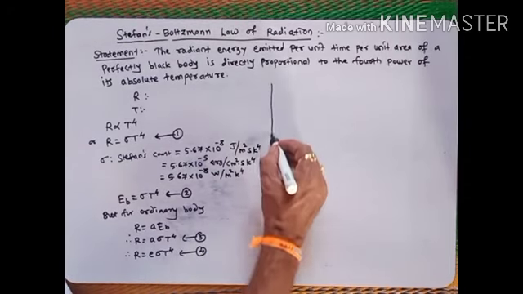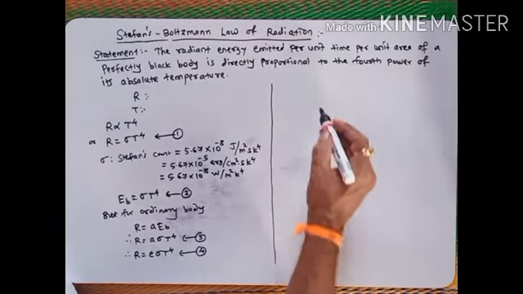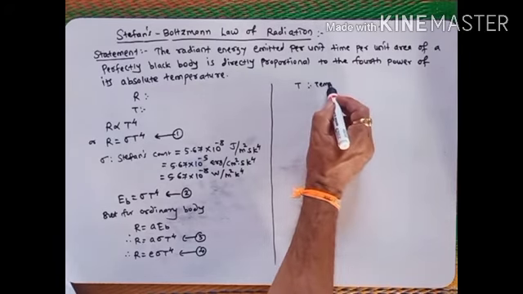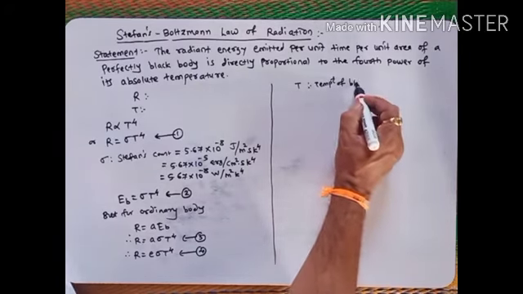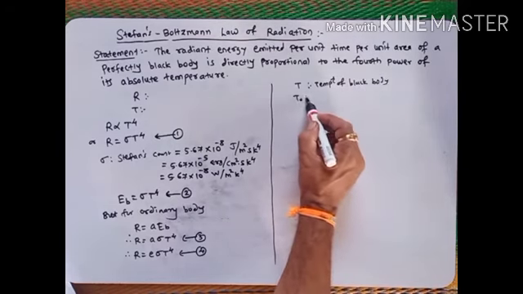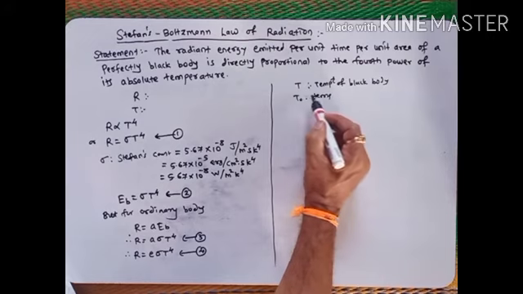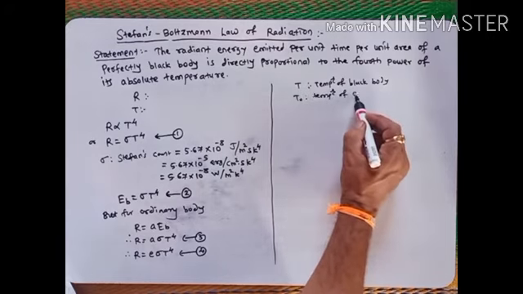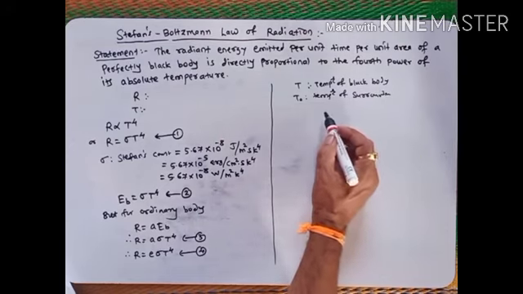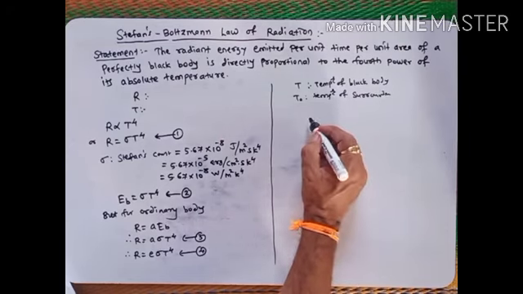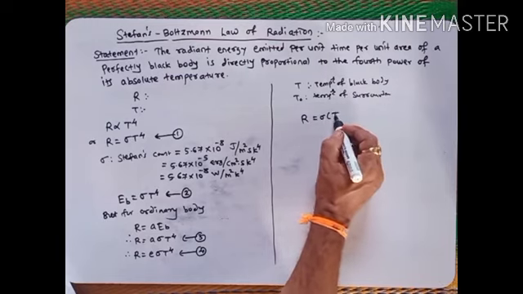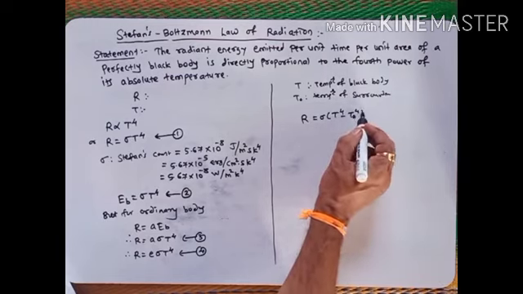Now suppose you consider T, temperature of the black body, T0, temperature of the surroundings, then the rate of loss of heat R can be written like this, R equal to sigma into T raised to 4 minus T0 raised to 4.